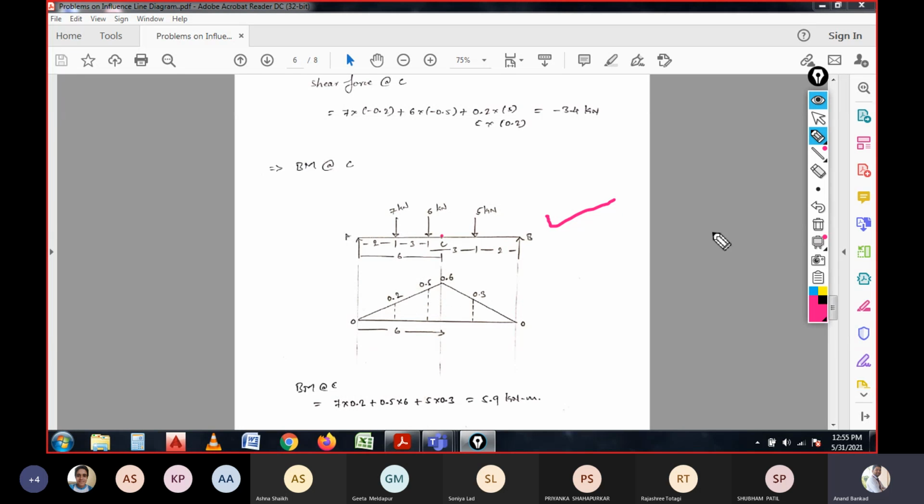So I will just explain how the coefficients are calculated. Whenever we are going to calculate for a particular height, a particular section, the most important thing that has to be remembered.